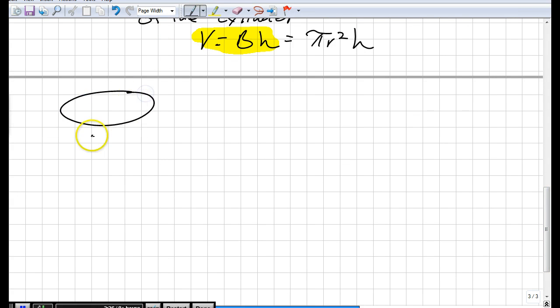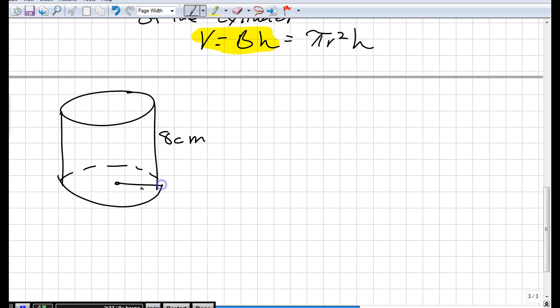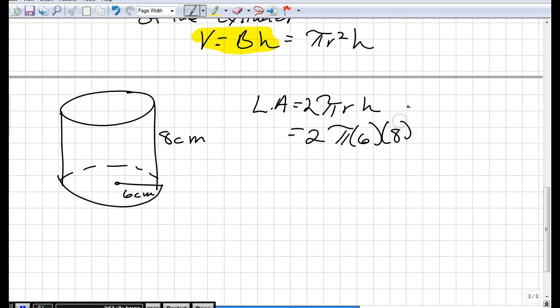So let's say I have this cylinder whose height is 8 centimeters and whose radius is 6 centimeters. Okay, so first of all, lateral area is 2 pi r times h. So 2 pi 6 times 8, or 96 pi centimeters squared.